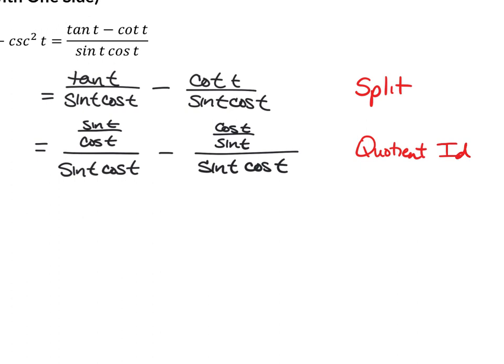Now this next step is going to kind of be extra because we might get good enough at looking at these kinds of problems where you don't need to write them out like this. But especially right now, while this is all new, it's probably helpful to take that numerator and denominator and write them just separated apart from each other. So what I mean by that is, here's the numerator of sine of t over cosine of t, and here's my denominator, 1 over sine of t cosine of t.